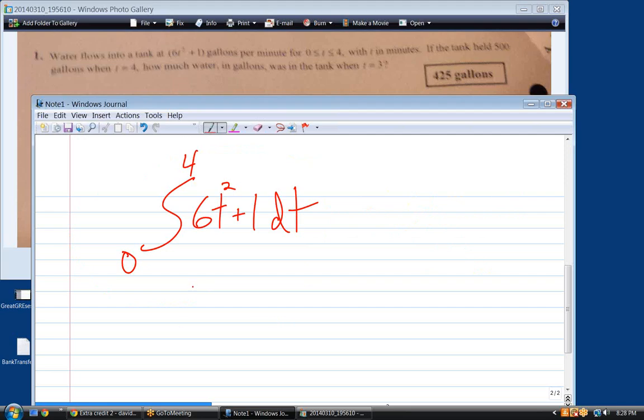We can figure out what this is equal to. Let's integrate it. What's the antiderivative of this? Remember, we're integrating. Always start by adding 1 to your exponent and dividing. So it'd be 2t cubed plus t.